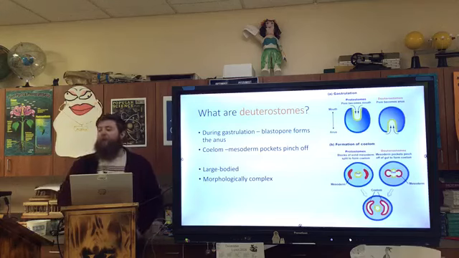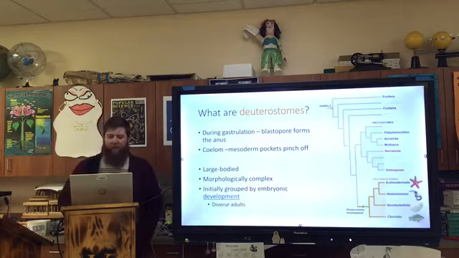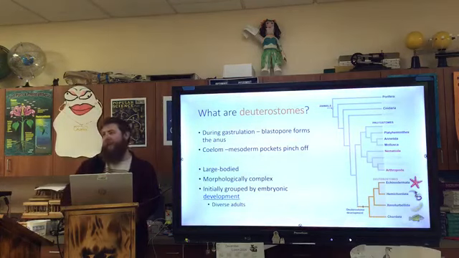Usually deuterostomes are large-bodied and morphologically complex, meaning they have a lot of shape going on. They're initially grouped by embryonic development, and they end up being very diverse adult organisms. Everything that we haven't talked about yet, fish and frogs and salamanders and reptiles and birds and humans and hagfish, are all inside of this group.